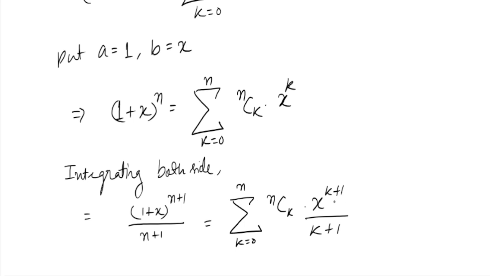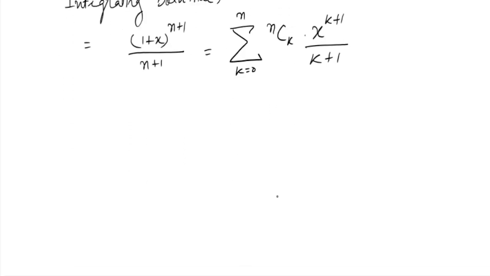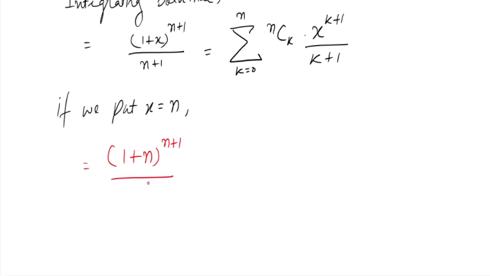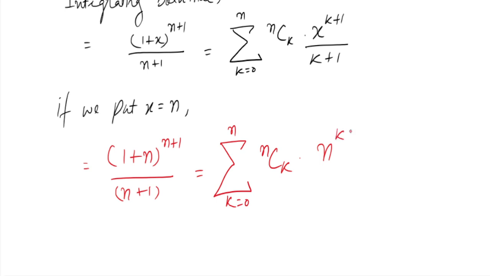Now if we put x as n in the expression, we get (1 plus n) to the power n plus 1 over n plus 1 is equal to summation k equal to 0 to n nCk n to the power k plus 1 upon k plus 1.